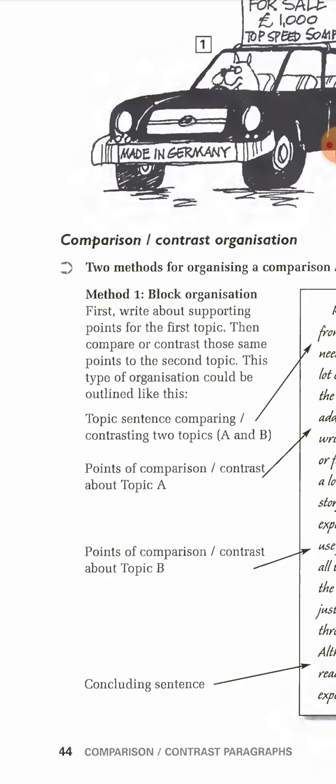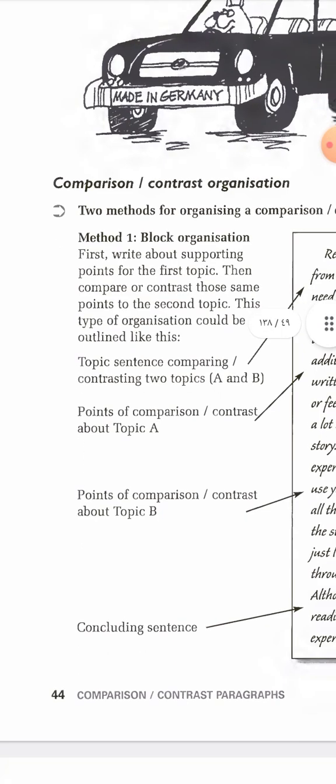You see, for example, a topic sentence comparing and contrasting two objects, two topics. You compare A and B. Then you speak about the points of comparison and contrast: you write first about the similarities and differences of A, and then the similarities and differences of B. You do not compare them.